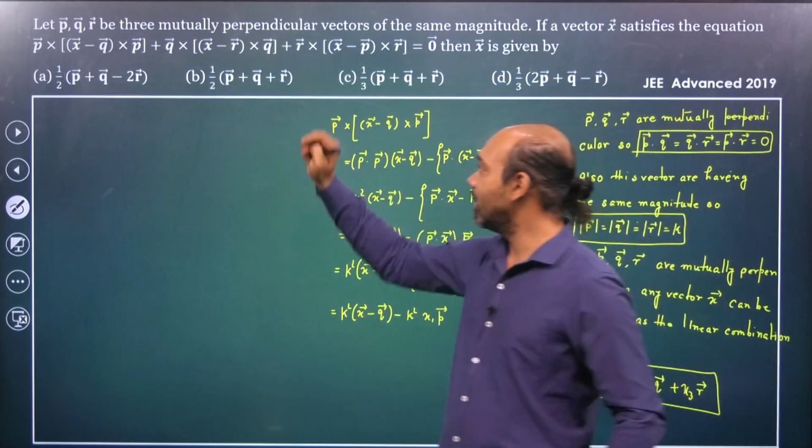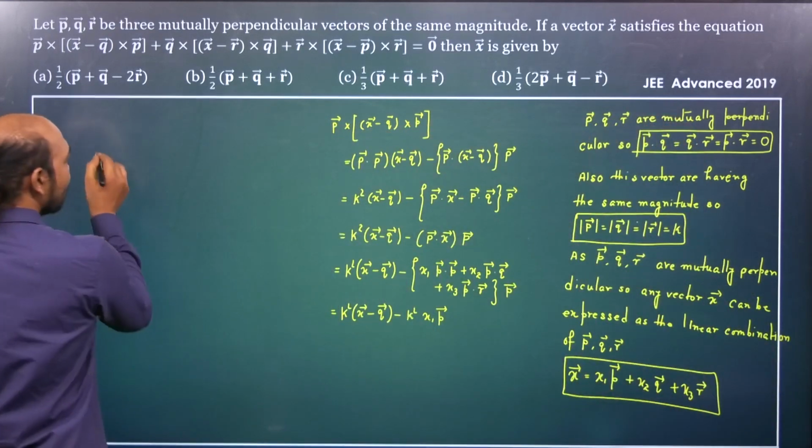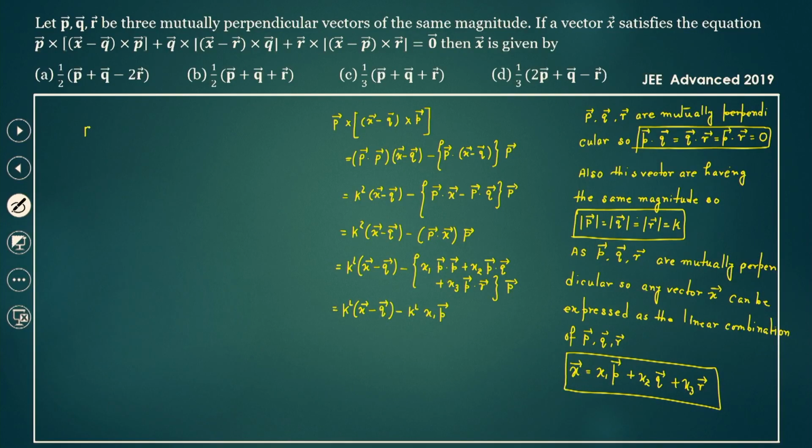Let's write that down. The vector p cross product of x minus q cross p will now be simplified as k square into x minus q minus k square into x1 into the vector p.